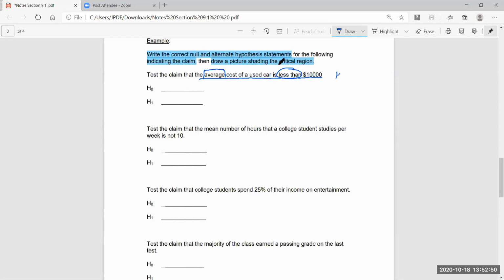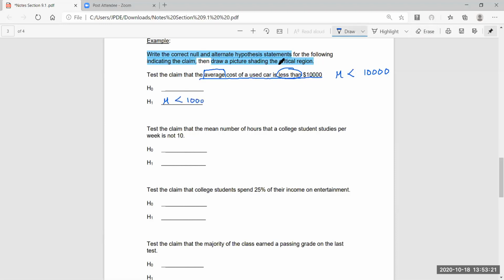So the average is less than 10,000. And again, if you have some problems with the less than and the greater than sign, talk to me because I can give you some little hints with that. When I look at this, does it have an equal? No. So it goes in the H1, in the alternative hypothesis. I started to write equal. That's not good.